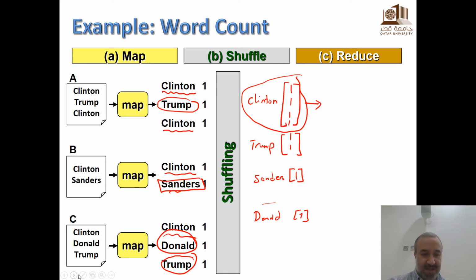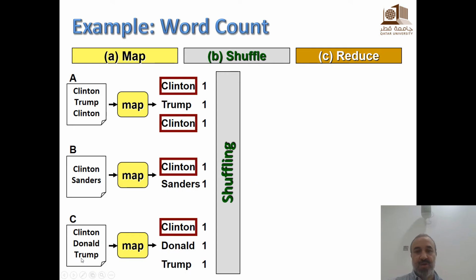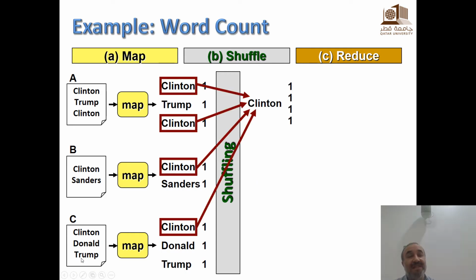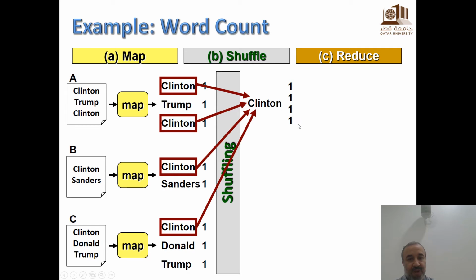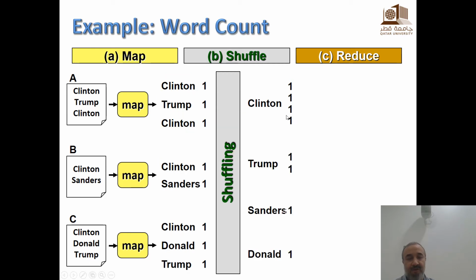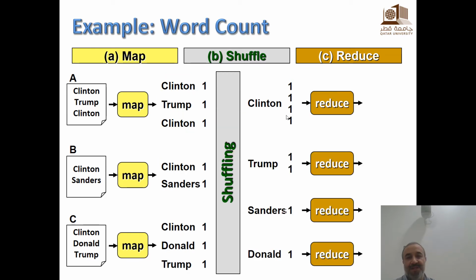Okay, so let me erase this and show you the entire thing now. This is the shuffling for all occurrences of Clinton. They will be grouped, and you will see that we have these ones, and for the others also. Then this will be the input to the reduce function. Now, what should be the output, by the way? Clinton 4. So this is the key value.